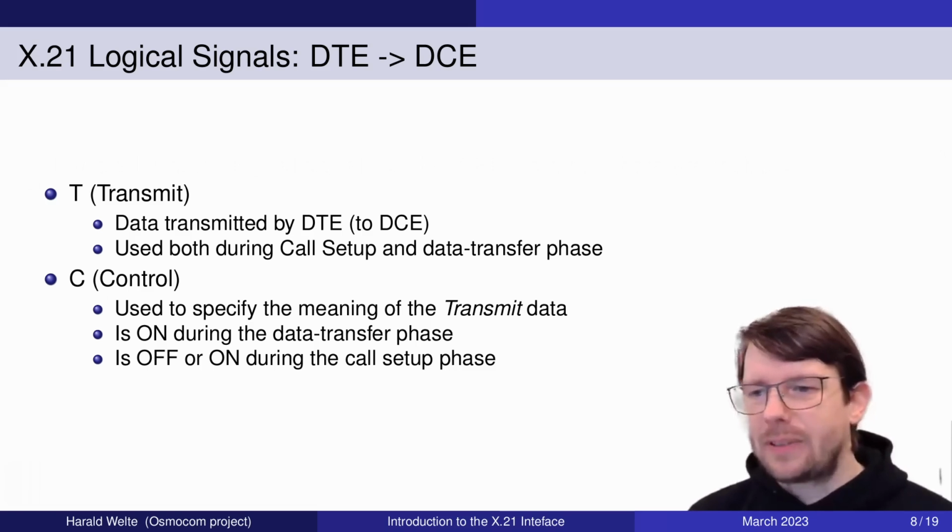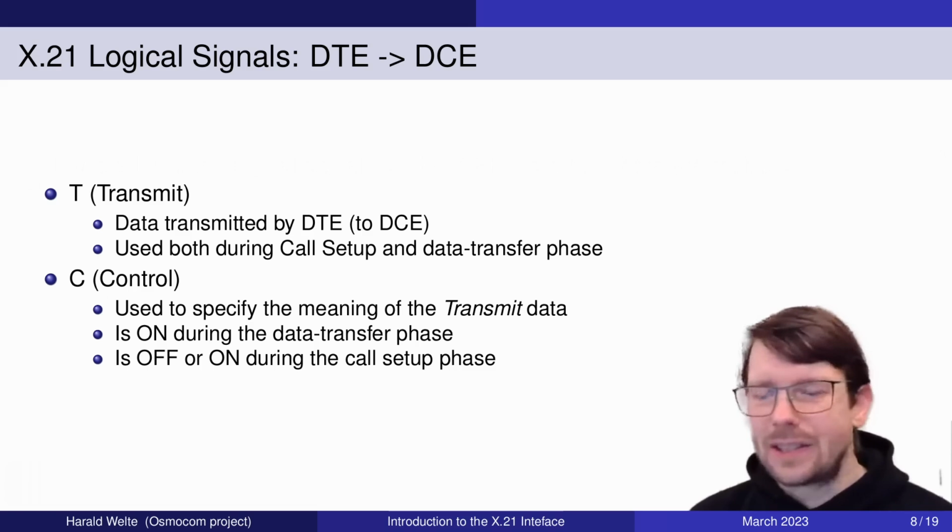Because one important aspect of X.21 is not only to communicate a serial bit stream, but also to be able to signal the call setup and call release. So basically the signaling of a circuit switched network. You need to dial whom you want to call, and this needs to be communicated to the digital exchange to which you're connected with your X.21 interface.